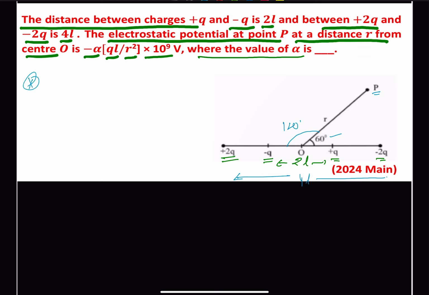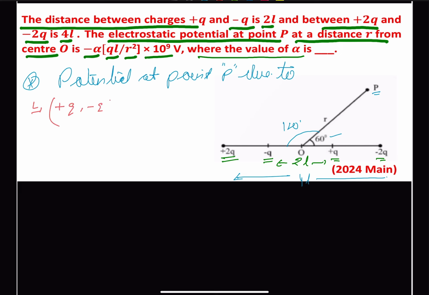So we can say potential at point P due to first is plus q and minus q dipole.